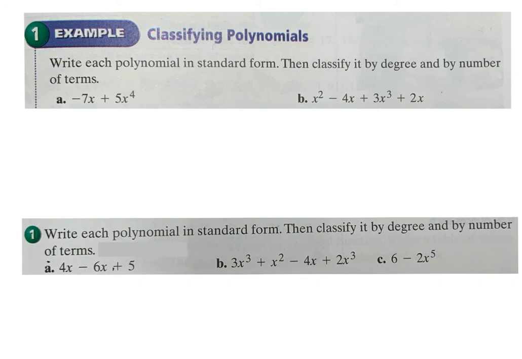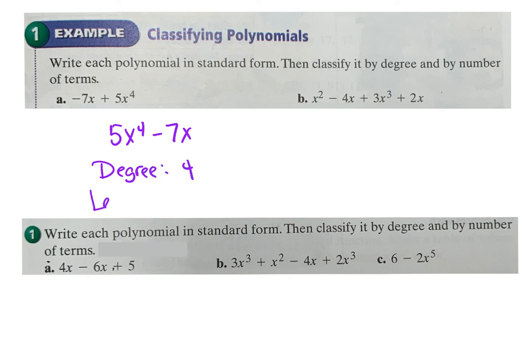Classifying them. When you classify a polynomial, the first thing you need to do is make sure it's in standard form and that you've combined any like terms, all right? So you don't want to classify it until you've combined all like terms and put it in standard form. So for this one, standard form here, I'm going to say 5x to the 4th minus 7x, all right? Now I can determine the degree. That's going to be 4.